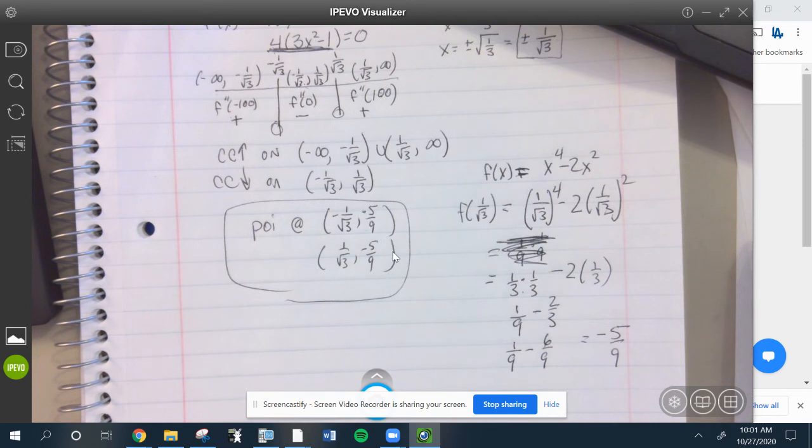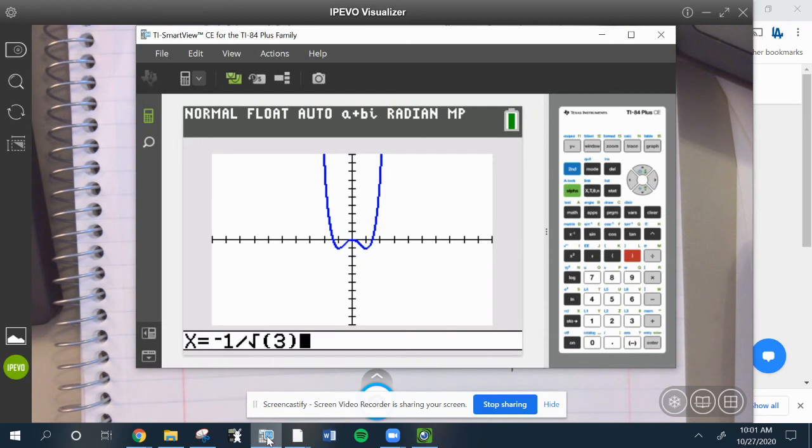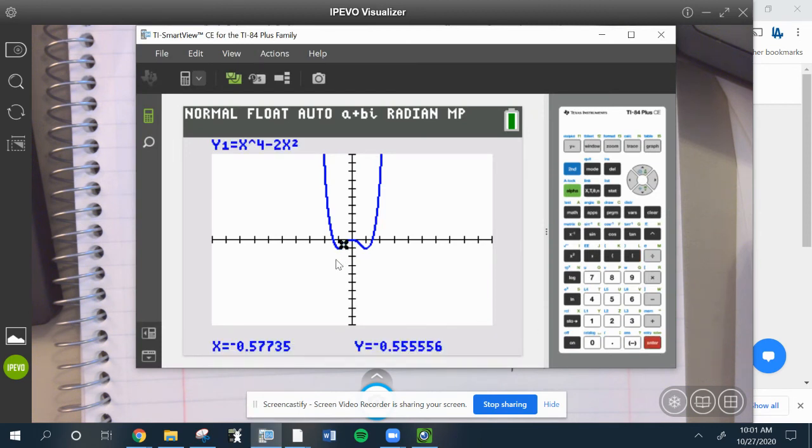So let's just make sure the decimals agree. And then it looks like a point of inflection. So I'm going to hit enter here. You see where it drew my point? That looks like it's a point of inflection there. And it says the y value is negative 0.55 repeating. Hopefully that's what negative 5 over 9 equals, negative 0.5 repeating.